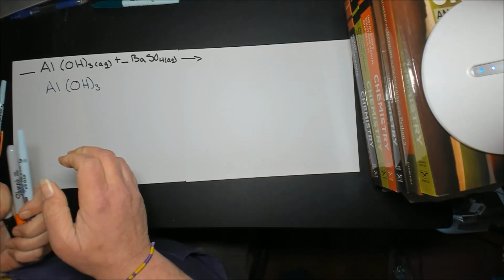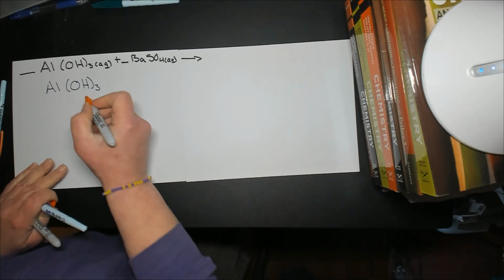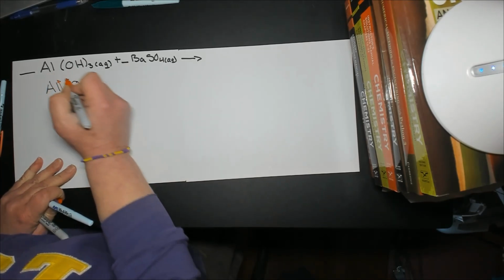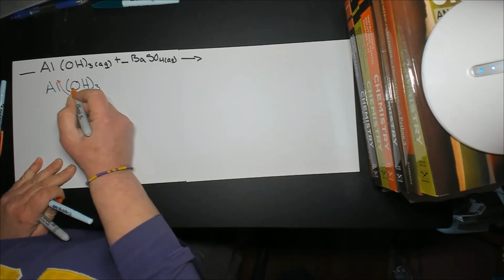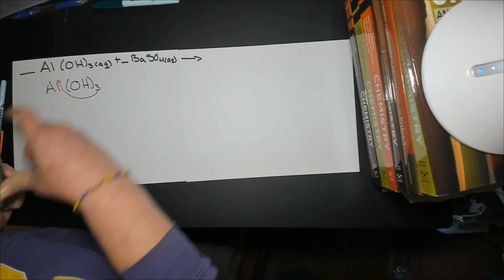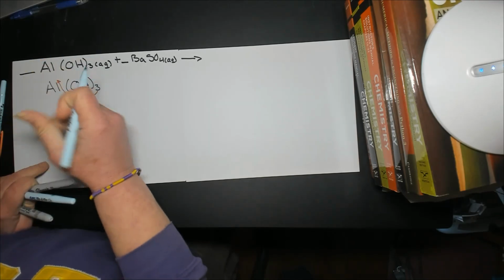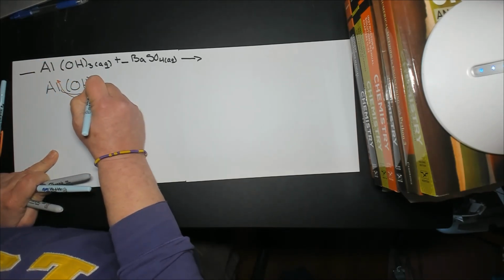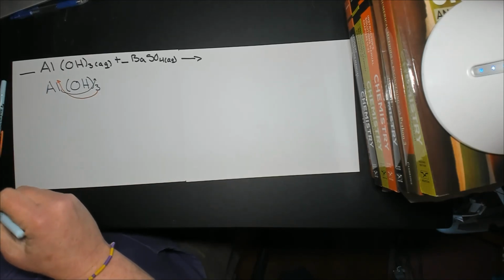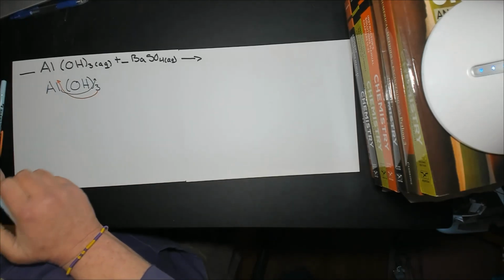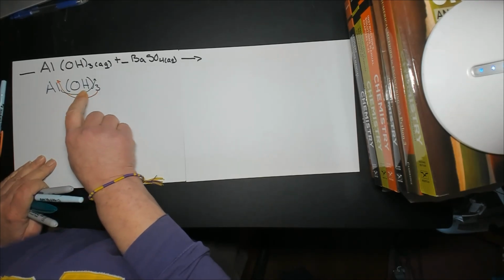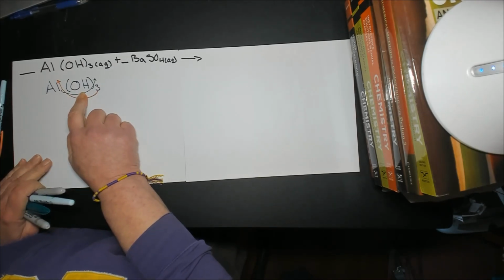And one of the tricks that you might have seen is that we can take these subscripts and move them up to the top to predict what our charge is. So for the hydroxide, I have just this 1 coming up here. And the other thing to keep in mind is that the first species is going to be our cation, and the second species is going to be the anion.